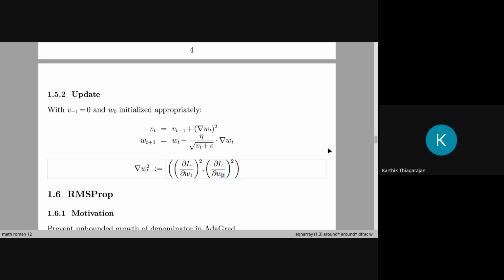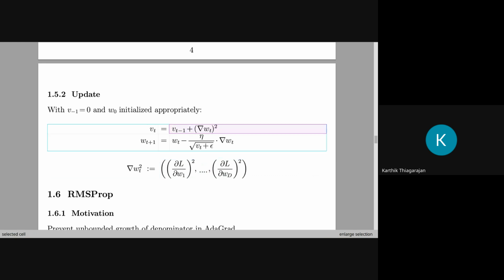Or I can just change this to, there are capital D components in this vector. You can add a dot dot dot and one comma, right? So this is an element-wise product. I hope everyone is clear with that part. Okay, that's what this means. And this also means element-wise multiplication.